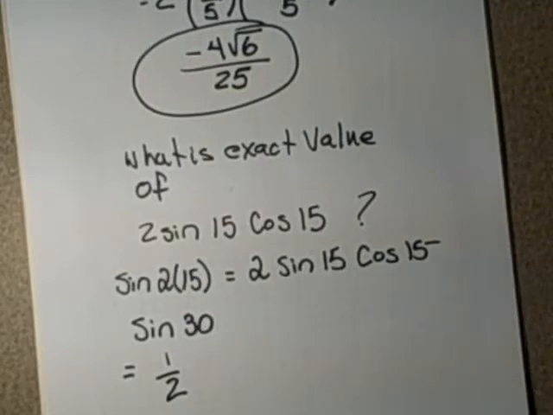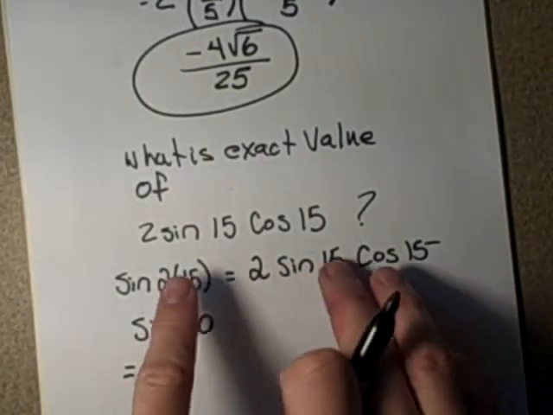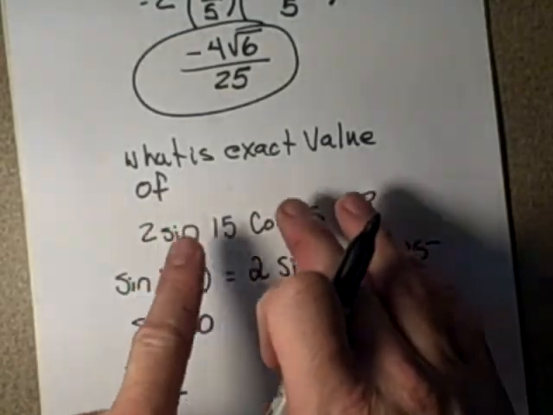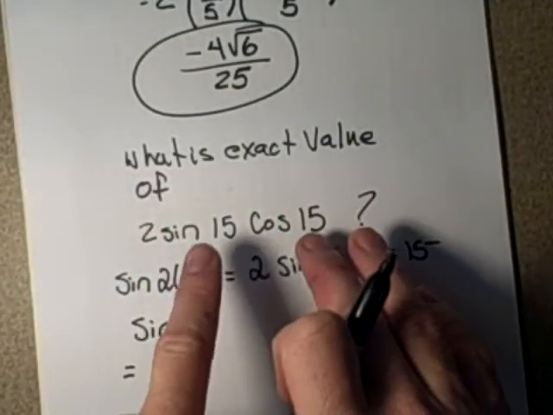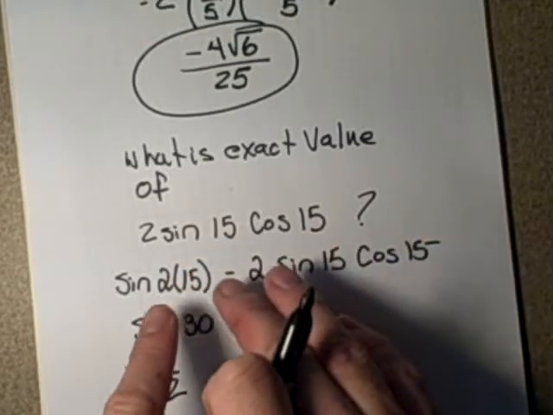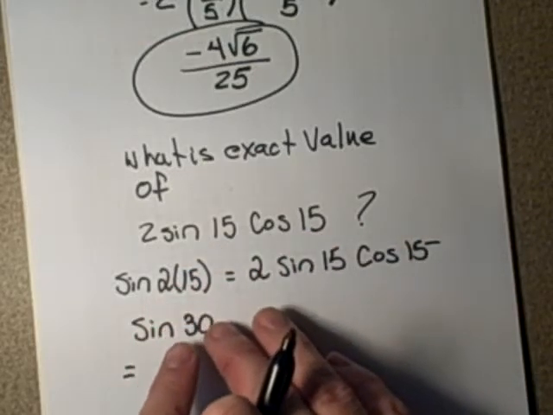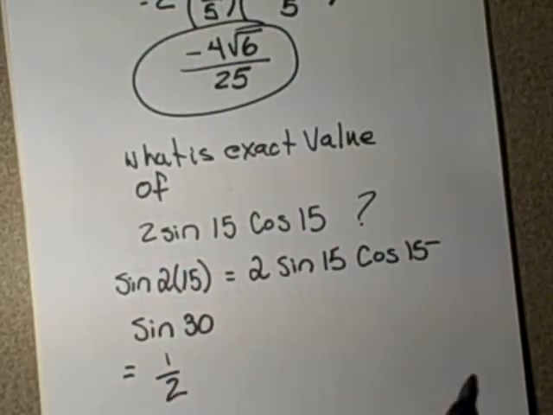So again, just recognizing that as a double angle identity formula, and that 15 would be the theta, so twice 15 would be 30 degrees, which is given to us in a special angle relationship. Okay, in our next tutorial for 4.5, we're going to do another exact value question, but we're going to do it for all 3 trig ratios.